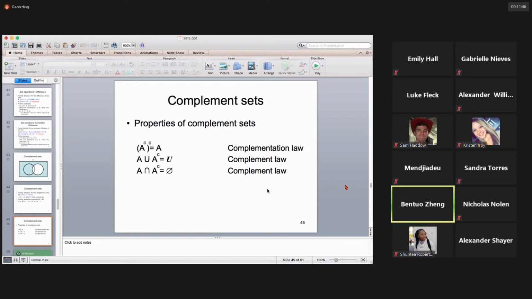The second: the union of A and its complement is the universal set, because you put the elements in A and the elements not in A together, which means all the elements in U. The third: A intersect A complement is empty, because A complement contains no element from A, so A and A complement don't share any element. Those are basic properties we should keep in mind, and later when we want to prove some set equality or set inclusion, you need to use them.